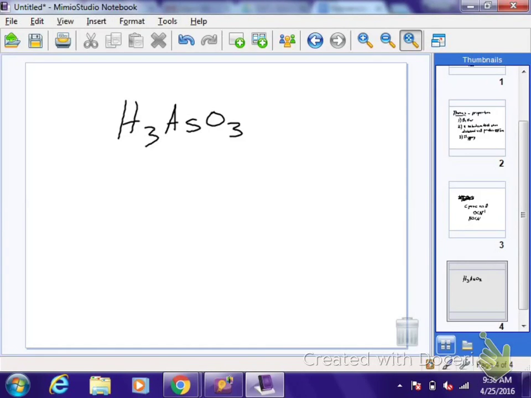Okay, here's one. I messed up again. I'm on that track of wanting to write the formula and not the name, so you've got to write the name. Okay, iodic acid.